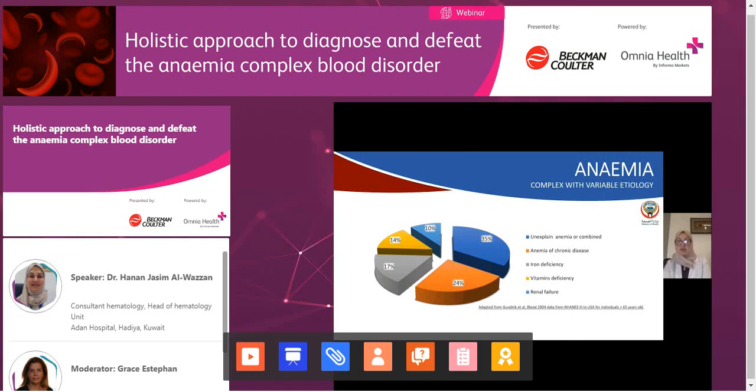Also, anemia has a complex etiology, and it is sometimes difficult to diagnose the underlying cause, or there is more than one cause.